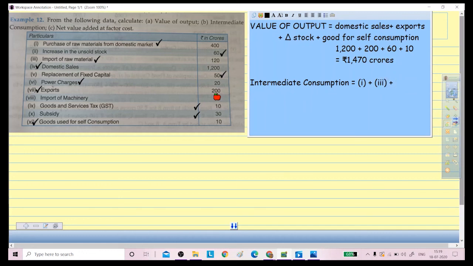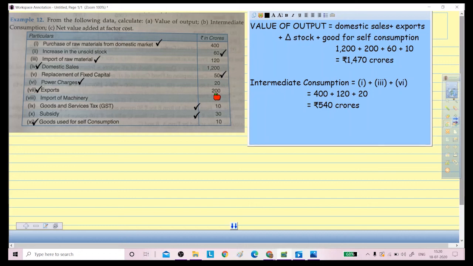And power charges, the sixth item in the question. This also we have to add. What is the value? First one is 400, then third one is 120 and the sixth one is 20, is equal to rupees 540 crores.